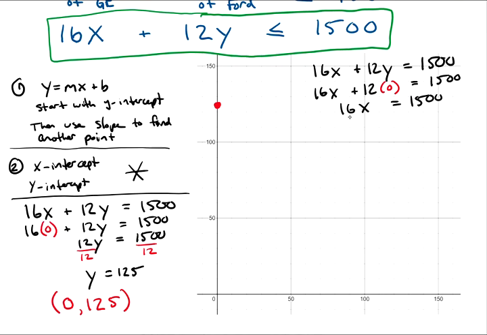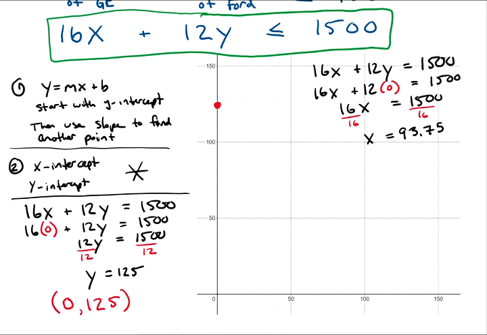Divide both sides by 16, and we will get x is equal to, if you plug in 1500 divided by 16 into the calculator, 93.75.